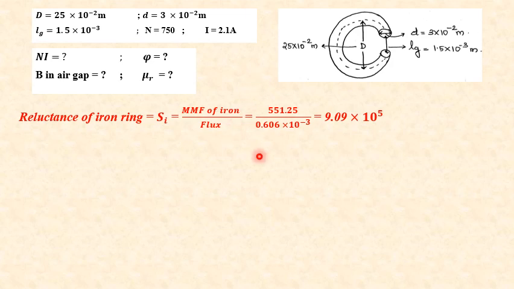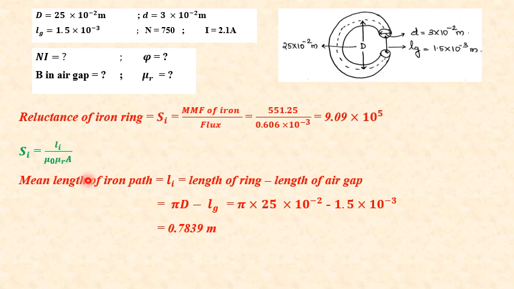From that we get reluctance Si equal to 9.09 into 10 raised to 5. We know that Si is equal to Li by mu 0 mu r into A. Area of cross section we know, mu 0 is a known value. Then Li, the mean length of the flux path, we can find since the mean diameter of the ring is given.